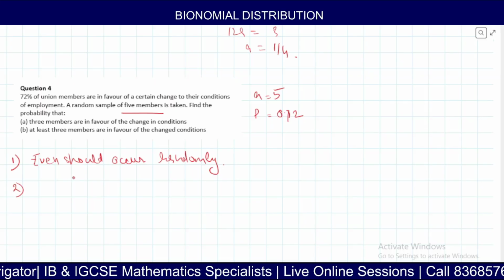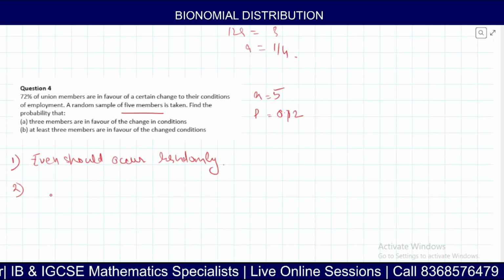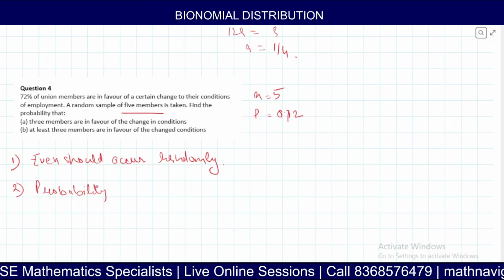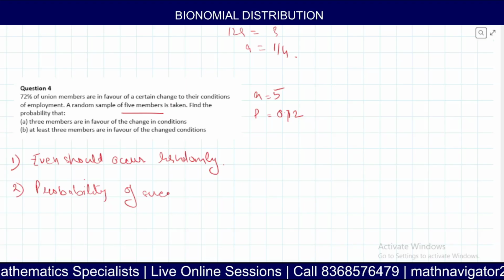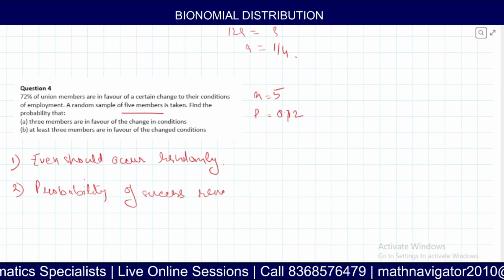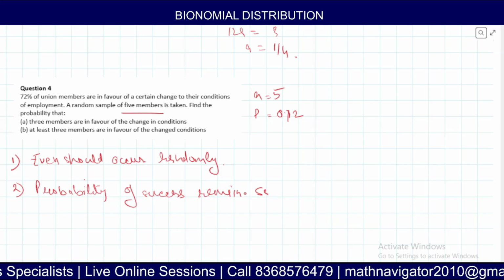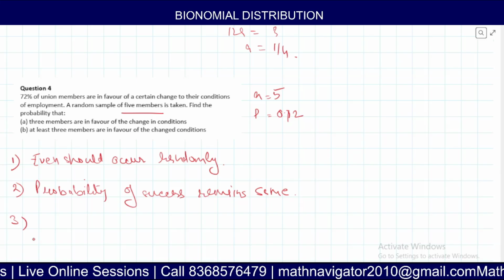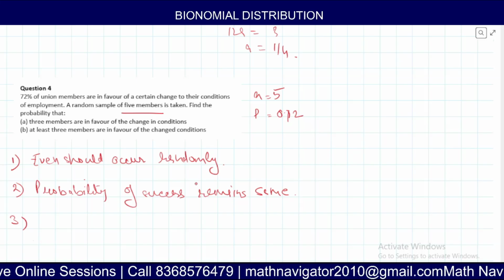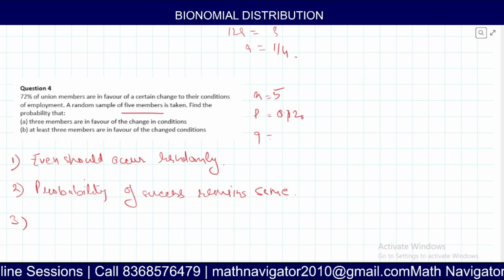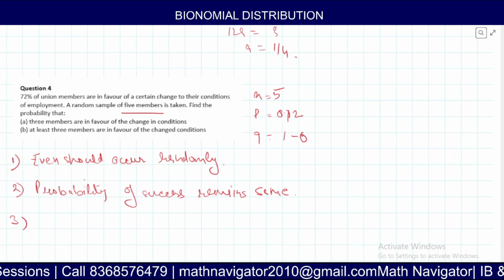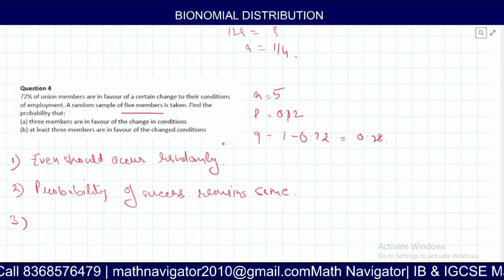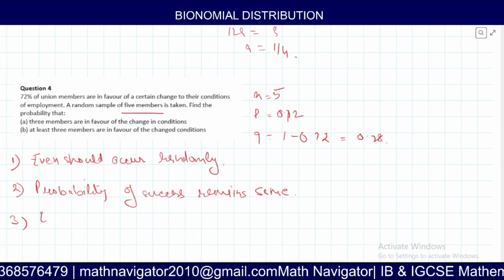Number 2, probability of success remains same, because basically there are only 2 possibilities, either failure or success, and here the probability of success is 0.72 and probability of failure is 1 minus 0.72, which is how much? 0.28. Get it? This should remain constant and event should be independent.